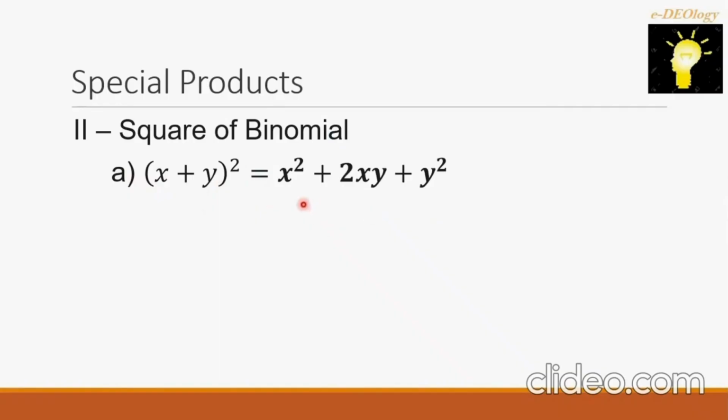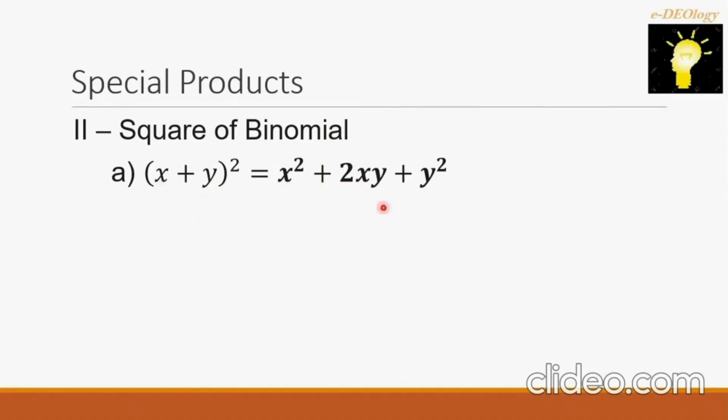So let us examine one by one. The first term here is simply the square of this x. So you see here it is x squared. The middle term, the constant 2 will always be there. And then the xy here is actually the product of these two terms, x times y.